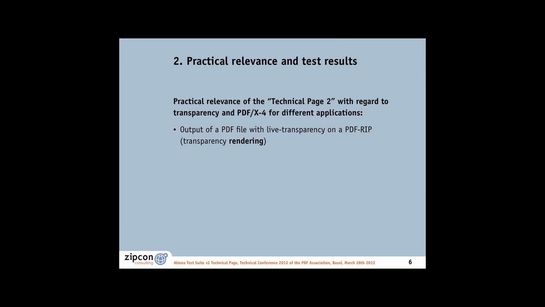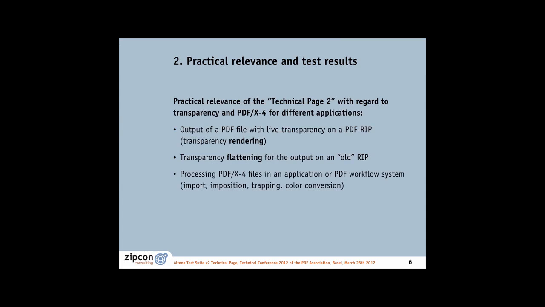You have the one where you have a modern RIP, which supports live transparency, so then it's transparency rendering, versus the case where you have old, say, PostScript RIPs, which require some transparency flattening. In both cases, the visual appearance has to be as designed, but it has to be tested. And both things can, of course, be done with the Altona test suite.